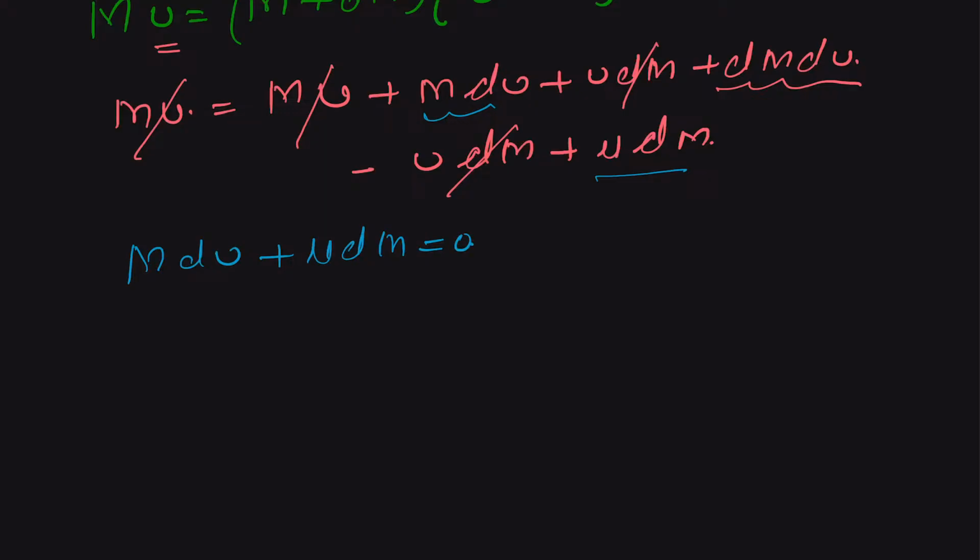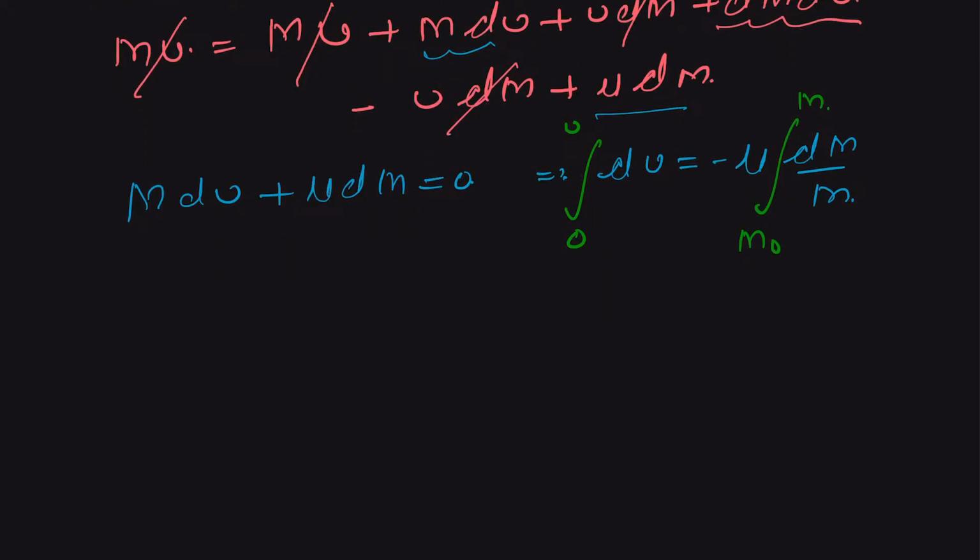Now we can easily form this as a differential equation, and we can say that our dv is equal to minus of u, and this comes as dm upon M. And now we can just integrate it, and for the limit of integration, when velocity was 0 and final velocity is v, the mass was m naught, and when velocity is v, the mass is M. So this we can easily calculate with the help of our initial condition.